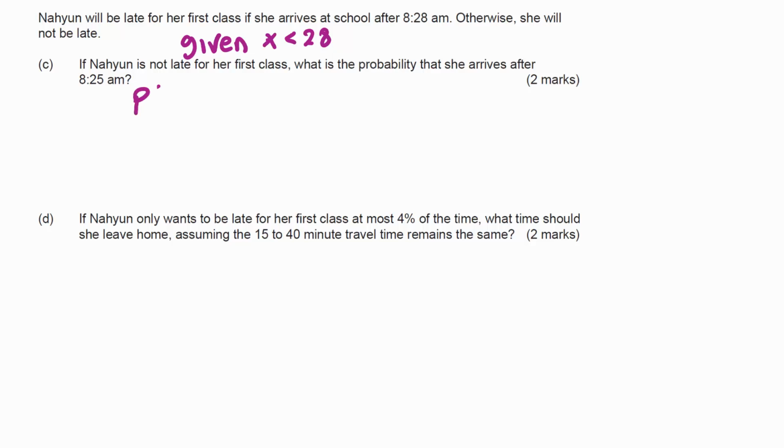So it's the probability of x being more than 25, given that x is less than 28.